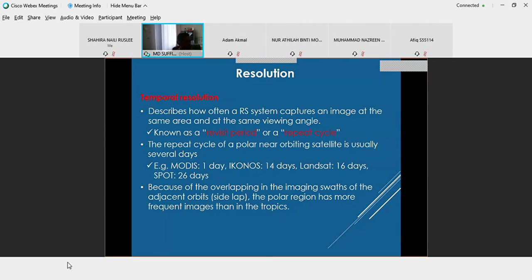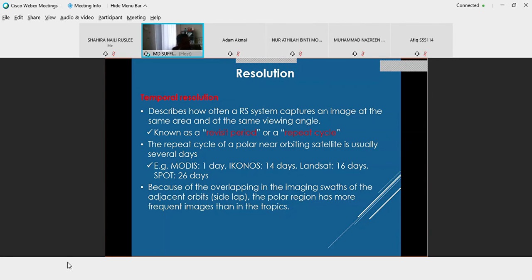Temporal resolution. Sebagai contoh modis, is one day. One day ni sebab kita ada aqua and terra. Kita ada one day, tapi dia tak cover. Sebagai contoh untuk kawasan katakan hari ini, terra lalu, untuk esok, dia ada aqua.